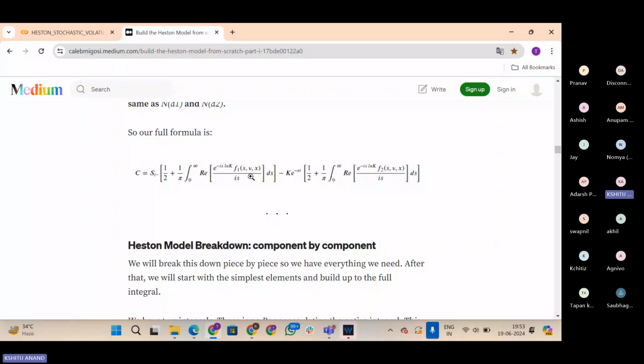This is the call price from the Heston model. Okay. So you see, basically there is a mistake.